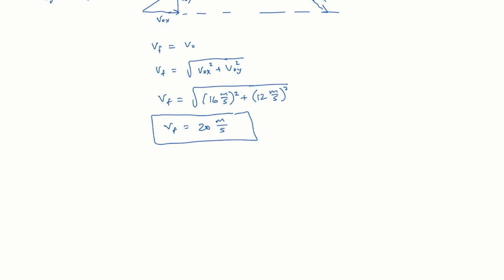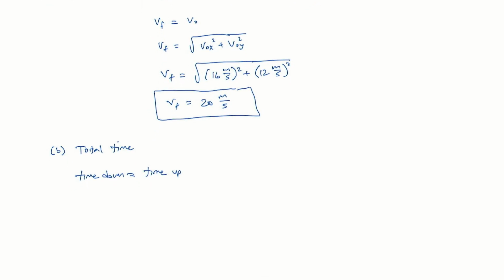All right, now for the total time. As long as the landing heights are the same, the time to come down is the same as the time to go up. Okay, and so at the highest point, the ball is no longer moving upward, and so we can say vfy is equal to 0 meters per second.